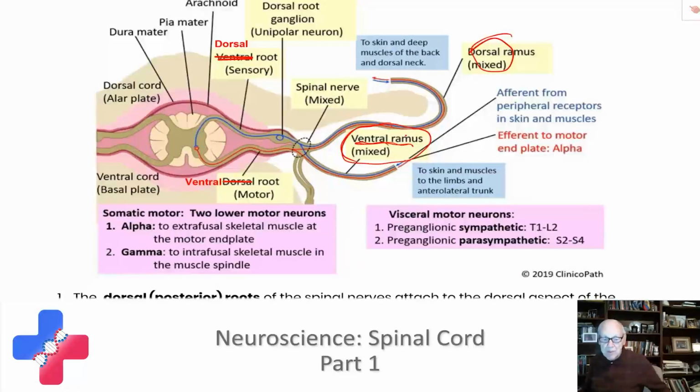But the big story about ventral rami, notice that they also supply the limbs. So dorsal rami are going to supply just the back, sensory from the skin of the back. So if you touch my dorsum, my skin, with warm or cold, and I perceive that, that is routing through the dorsal ramus via the dorsal root. And again, the ventral ramus is anterior and lateral, but also limb.